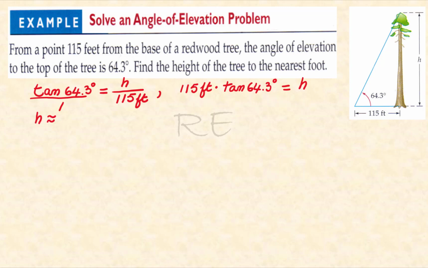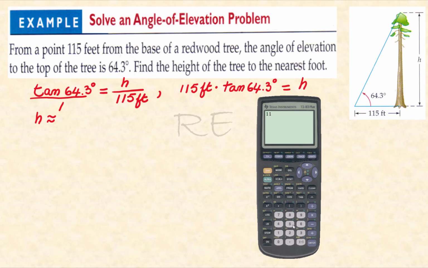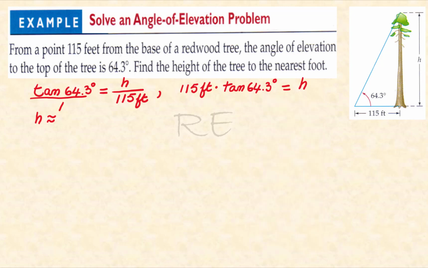Therefore, h is approximately, using our calculator, 115 times tangent 64.3, second function up 1 for degree, close parenthesis, 238.95, so it's approximately 239 feet.